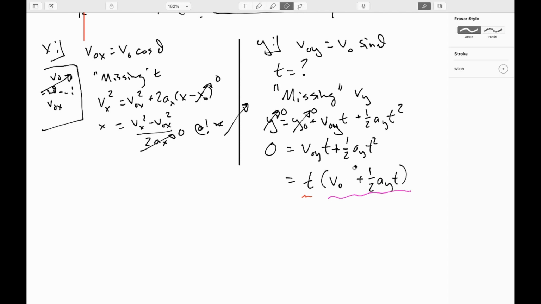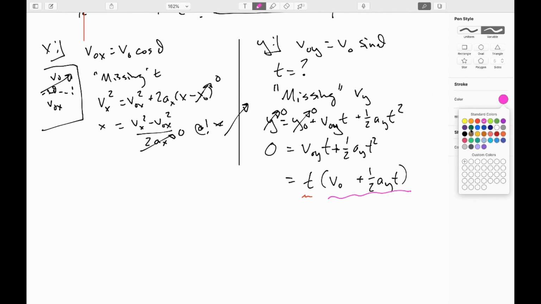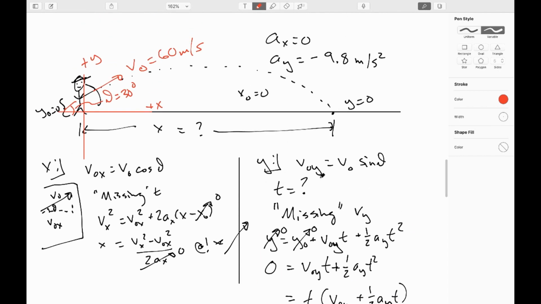So if we look at our two roots, whoops, my bad. Looking at the red term, that one we can just write down immediately: t equals 0. And we're going to discard that root. Ask yourself, why are we discarding that root?